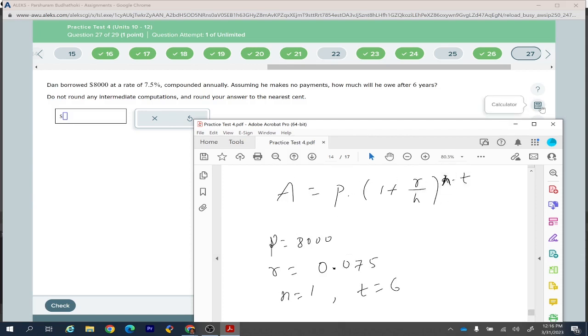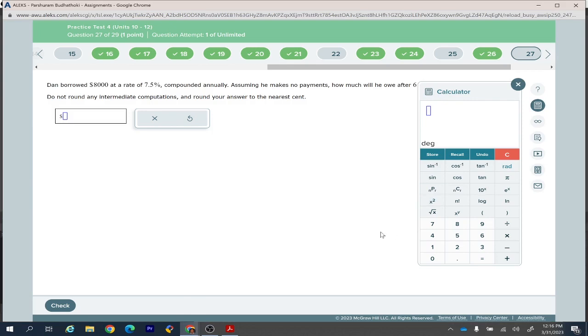So we have a calculator available. So it's 8,000 times 1 plus r, which is 0.075, divided by n, which is 1. So eventually to the power n times t. n is 1, t is 6, so n times t would be 6.